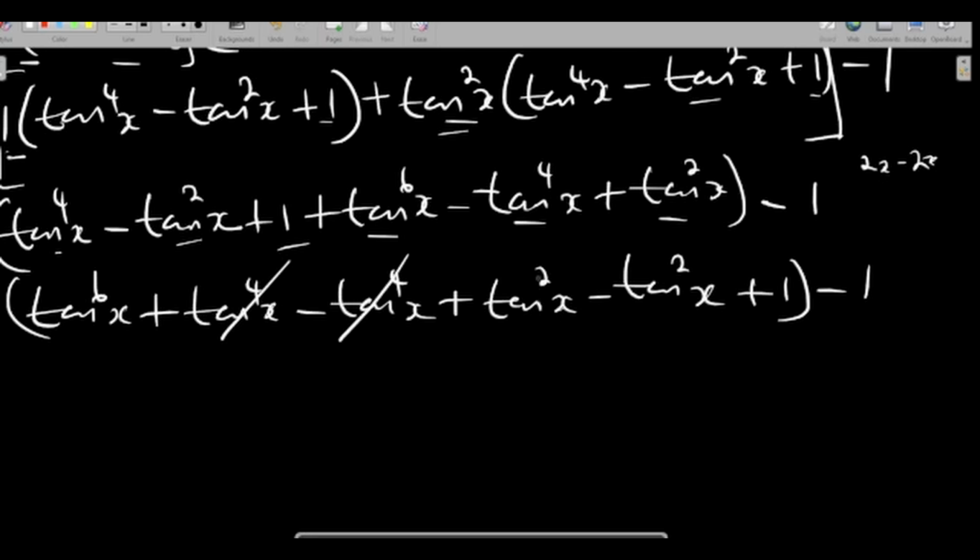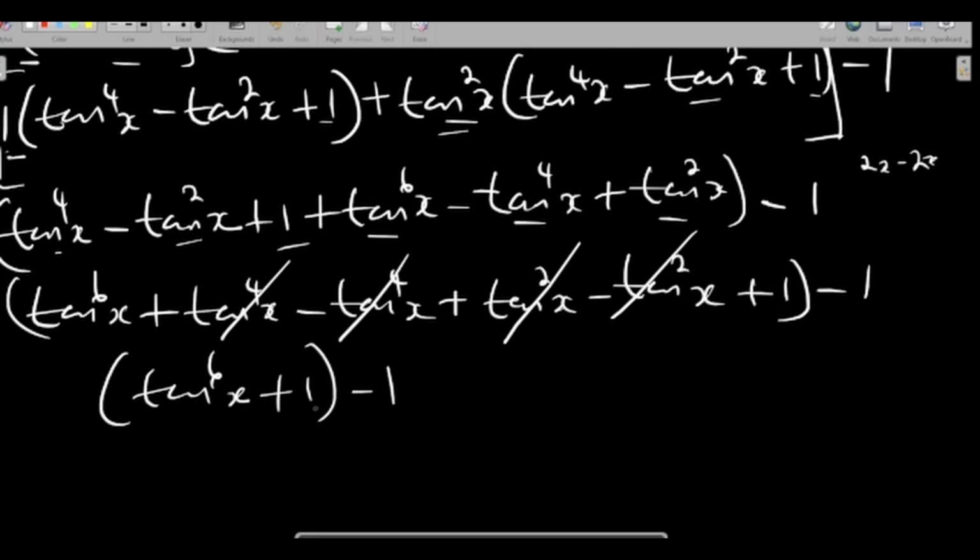And the next one here, we have tan squared x minus tan squared x, which is also a 0 because they're like terms, so we can cancel them out. And what now remains? Tan to the power of 6x plus 1, and outside we have minus 1.